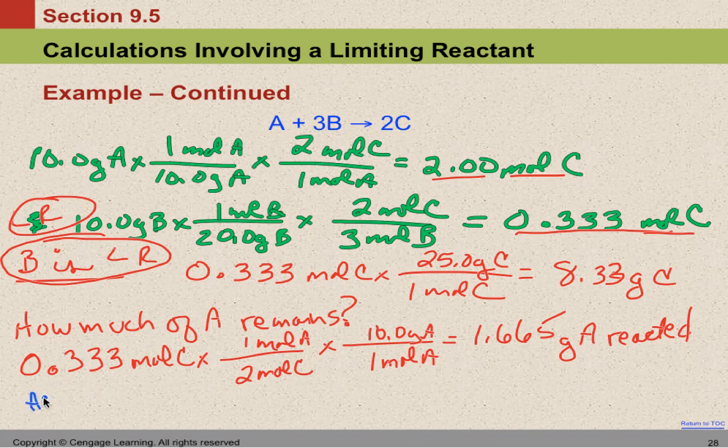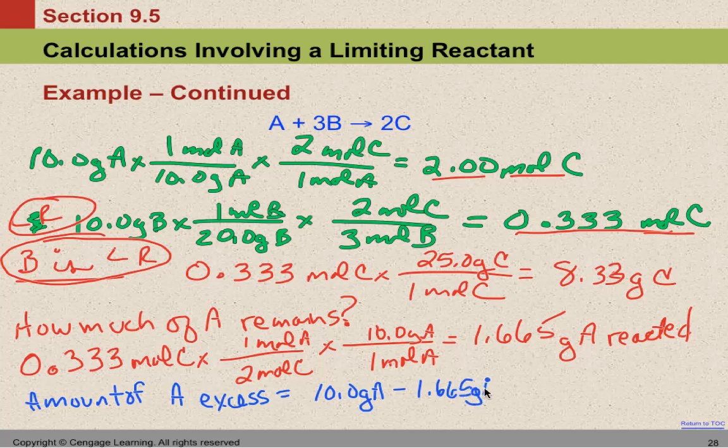So the amount of A in excess is equal to the amount we started with minus the amount reacted, and that will be the amount that remains, and this will be 8.34 grams of A in excess.